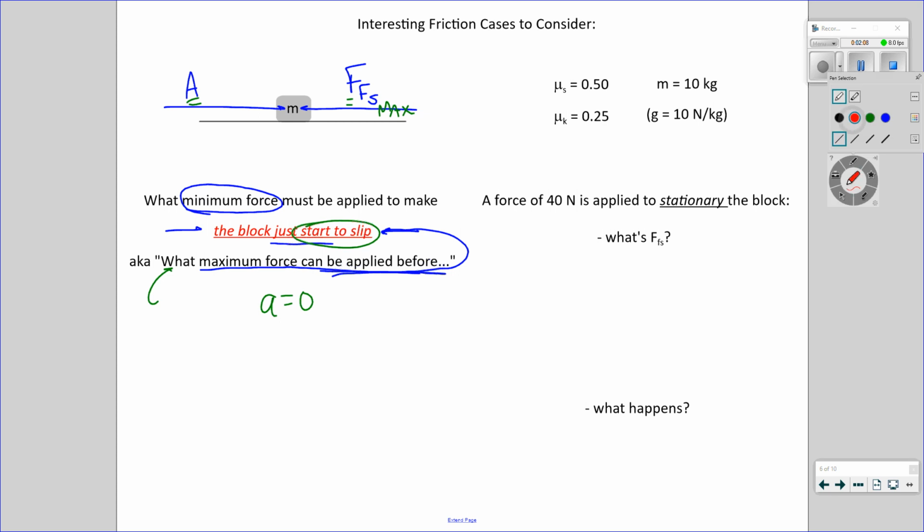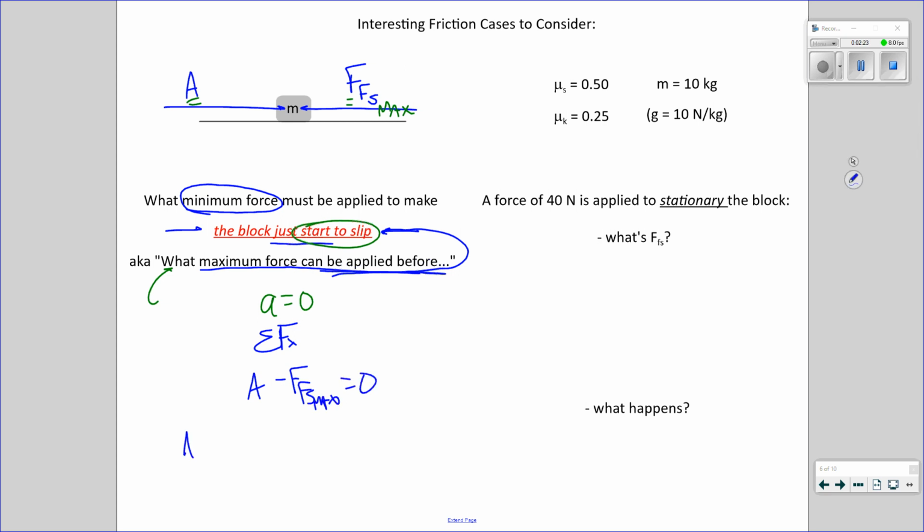So what we say is our net F statement in the x direction says that A minus F_s max, so many subscripts, equals 0, or that A equals this force. So how big is that force? Well, that force by definition is the static coefficient of friction times the normal force exerted on the object.